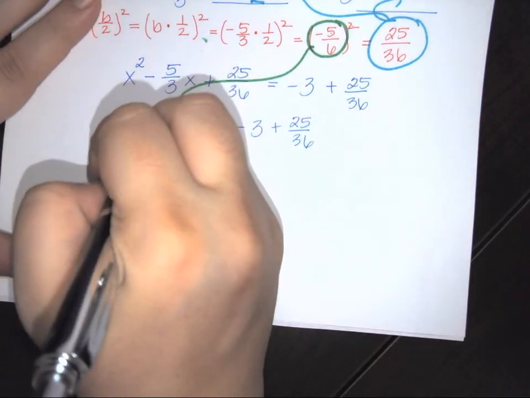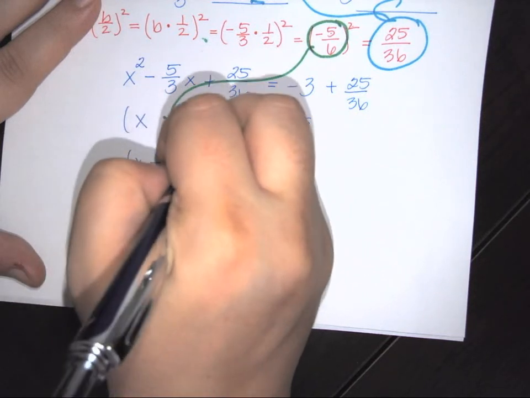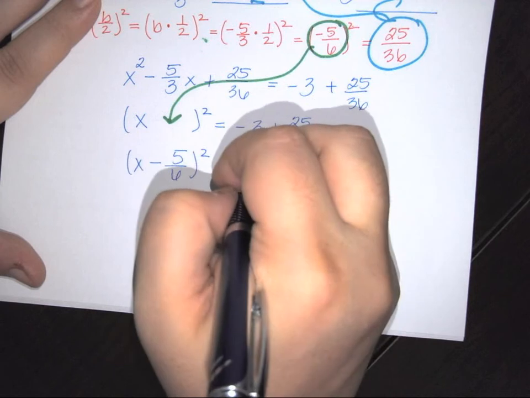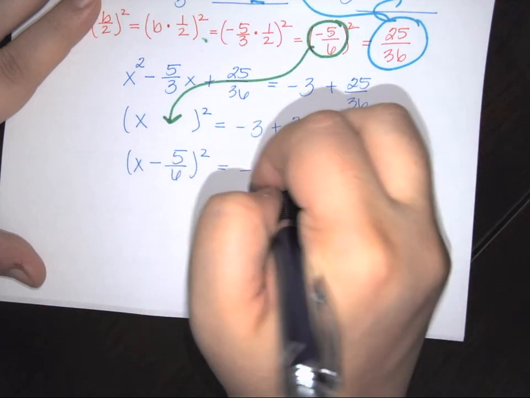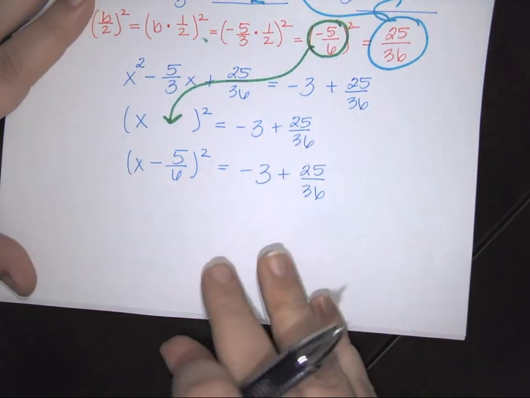So I have x minus 5/6 squared is equal to negative 3 plus 25/36.